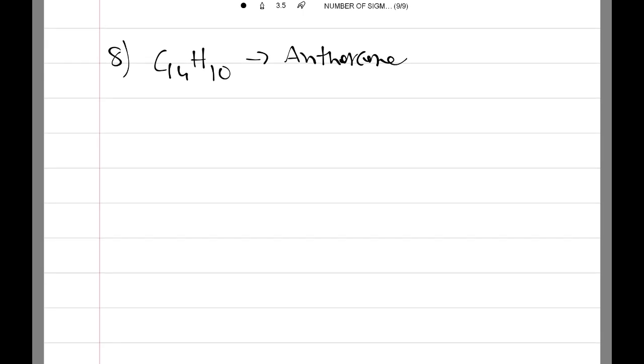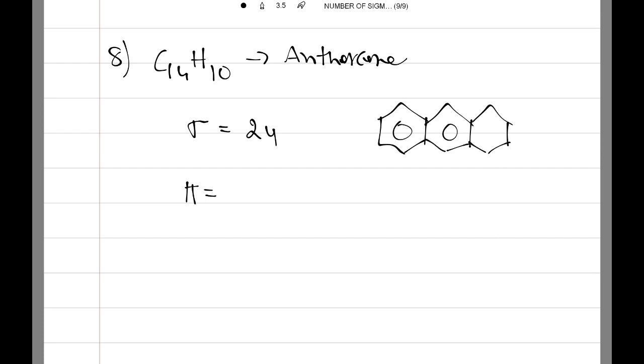In this anthracene, how many sigma bonds and pi bonds are present? Number of sigma bonds is 24, because of the number of atoms. Anthracene is a tricyclic compound, as we already know. This is the anthracene structure.